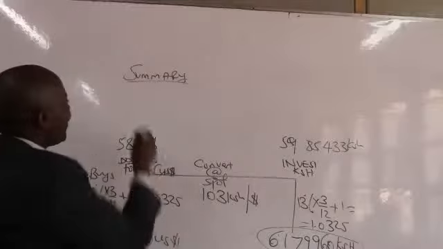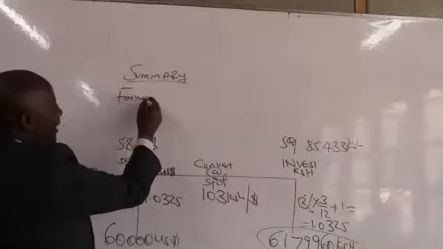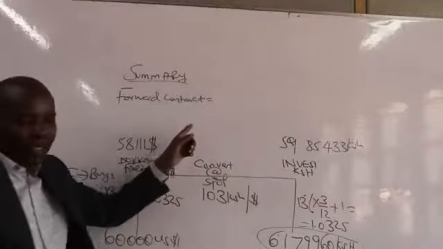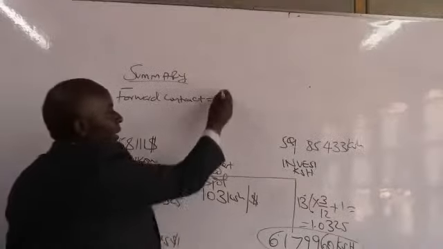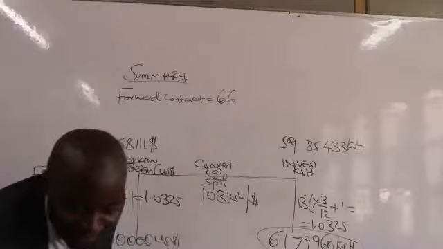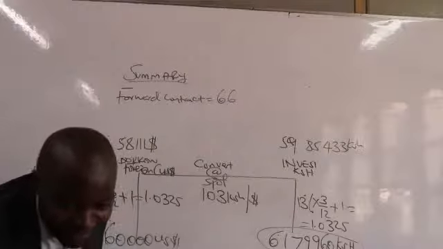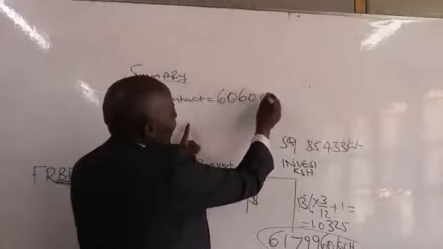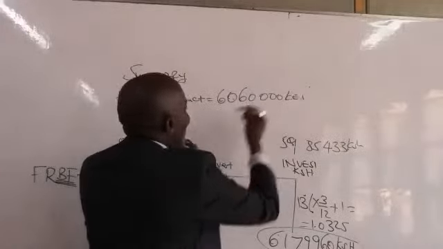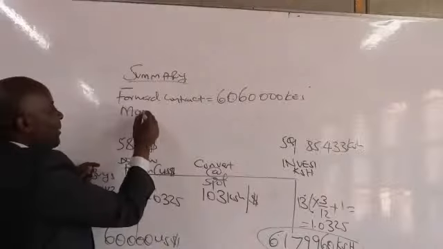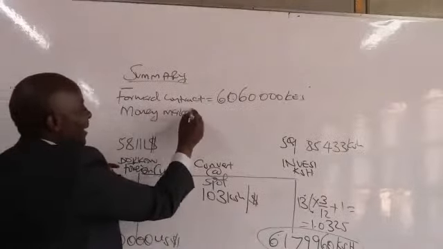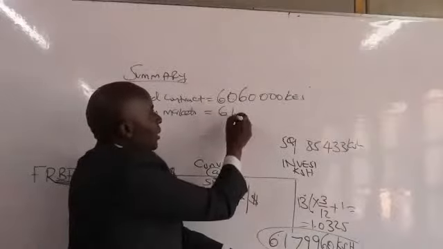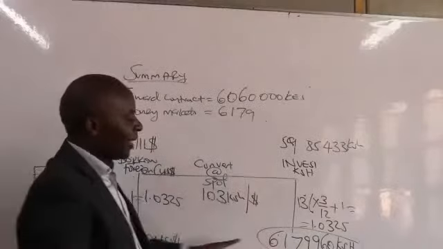So summary, forward contract ilikuwa tupatia ngapi somebody? 60,000 Kenya shillings, isn't it? Alafu kuja hapo tuseme money market, isn't it? Money market, how much are we going to receive at the end of the day? 61,79 960.